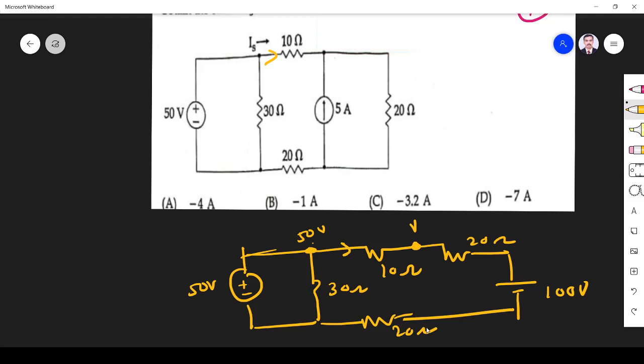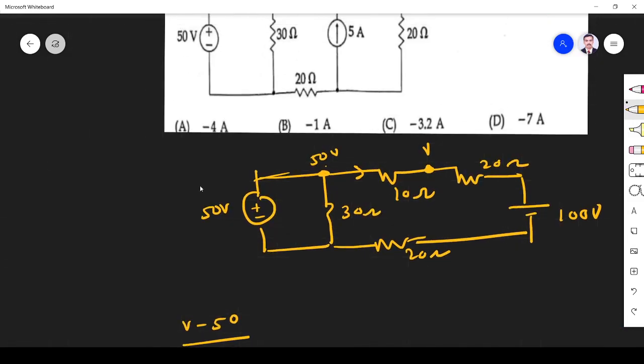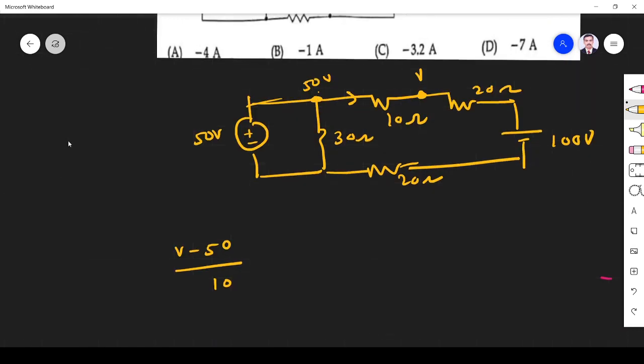So now what we get is, from here you apply, this is V minus 50 divided by 10 for this branch, right? Plus V minus 100 divided by, this is 20, this is 20, so 40. So that is equal to 0. So this indicates 40V minus 2000.